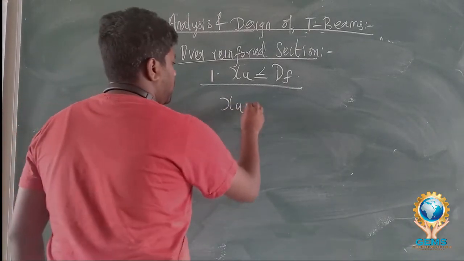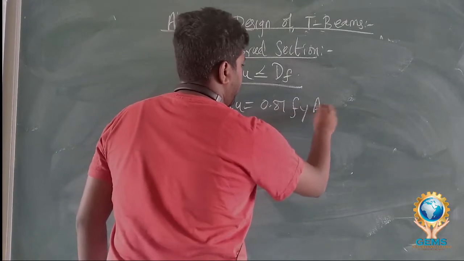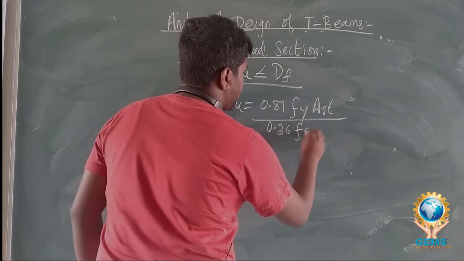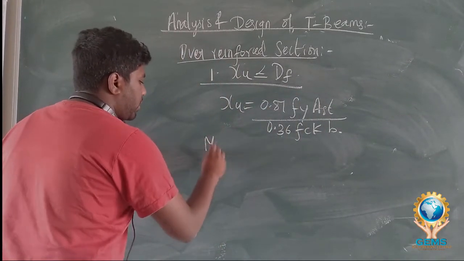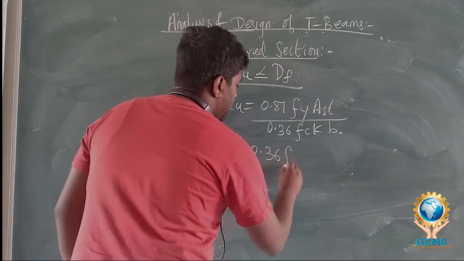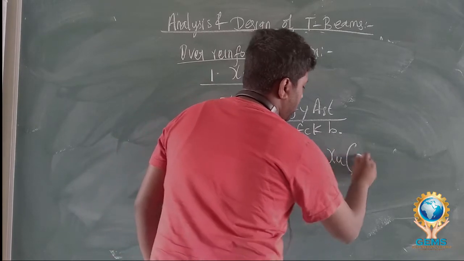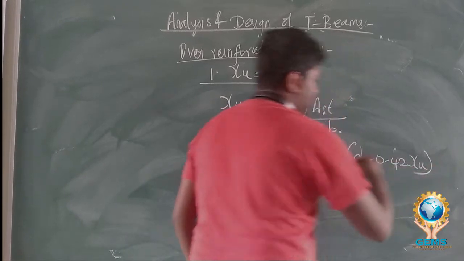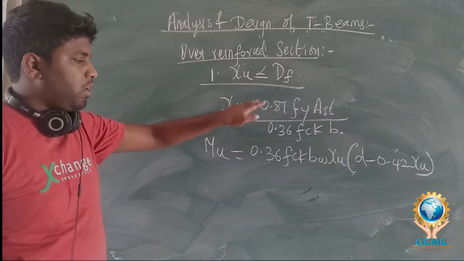XU is equal to 0.87 Fy AST divided by 0.36 FCK B. And the moment of resistance formula is 0.36 FCK BW into XU into D minus 0.42 into XU. Same formula for the first case, if XU is less than DF.